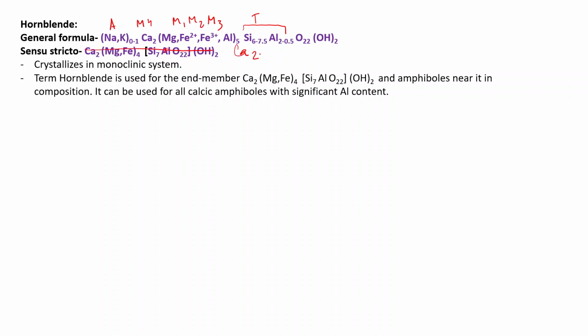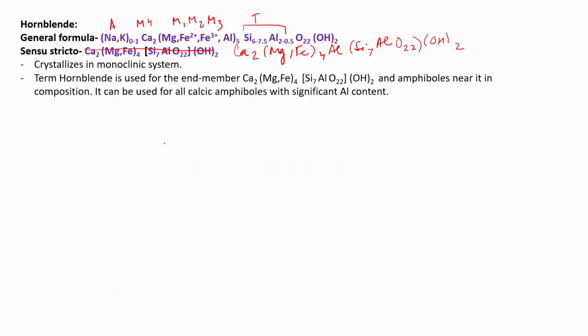Sorry for that glitch. Ca2 MgFe4 Al Si7 Al O22 (OH)2. This is the correct formula. Okay, so this is how it can be written down. That is a sensu stricto hornblende.